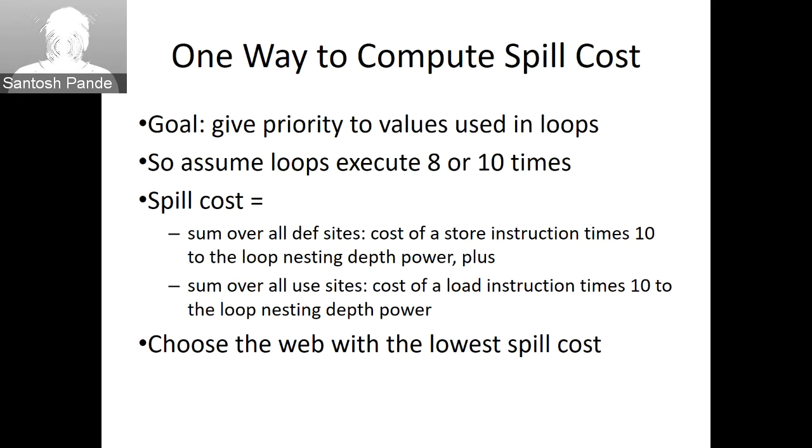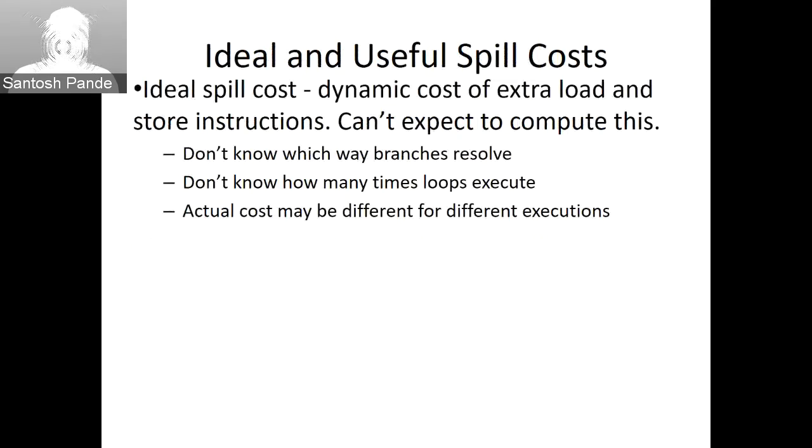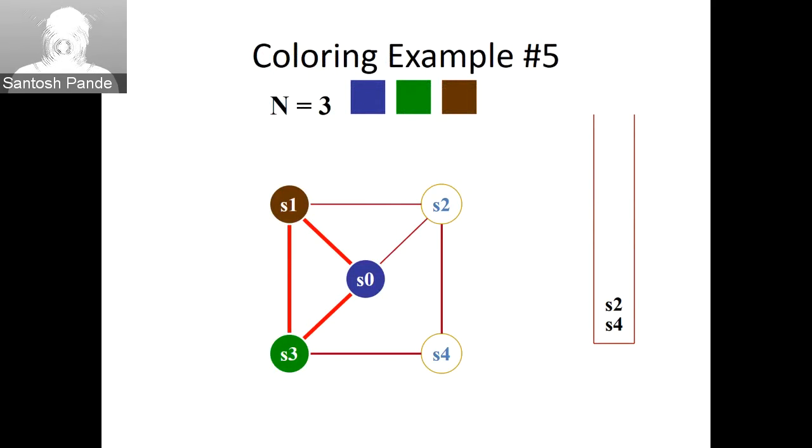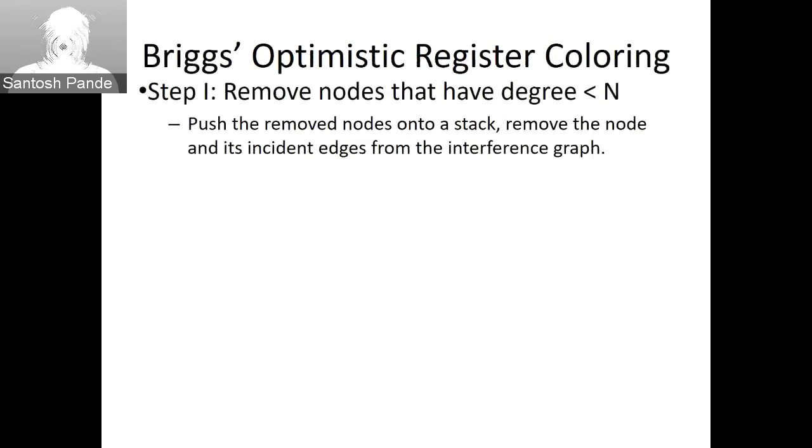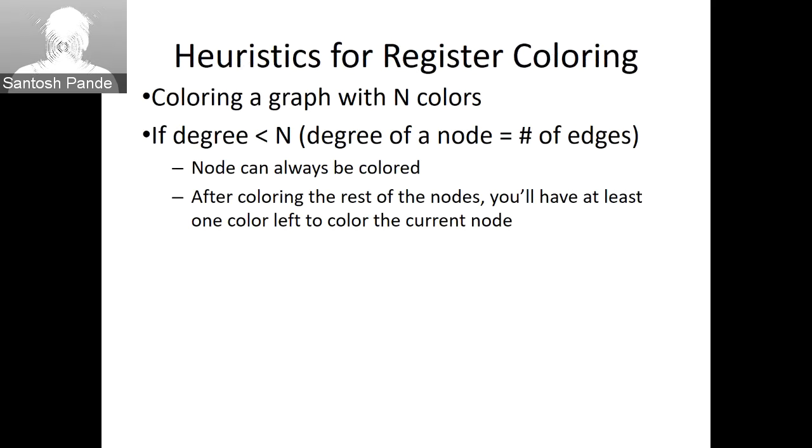So once we have the interference graph, we'll find the spill cost and we'll decorate the interference graph. Now let's see, once we have the interference graph, how do we color it? That's the last step that we are going to look at here.